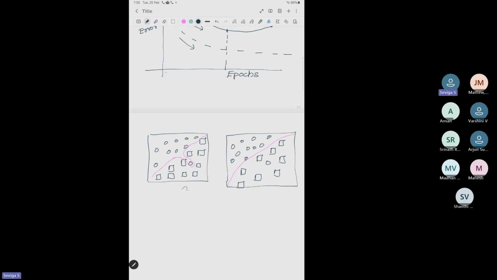In this one, we have a boundary separating the circular data points and the square data points.